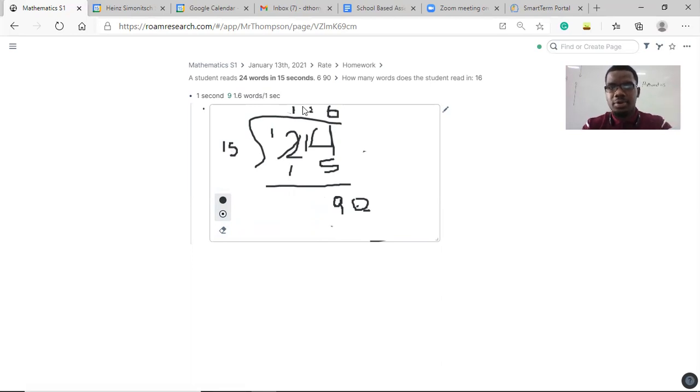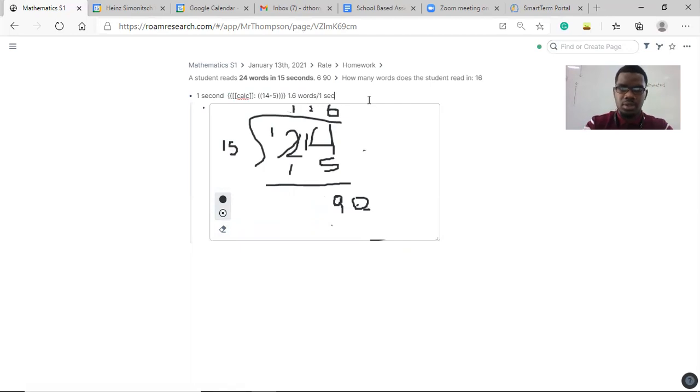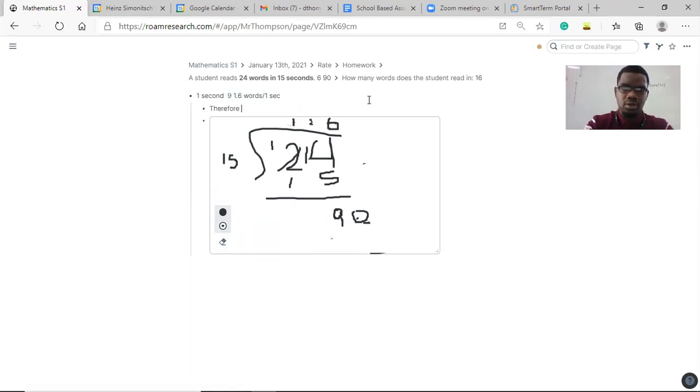Now this 1.6 is how many words can be read in 1 second. Therefore, the amount of words that can be read in 1 second is 1.6 words.